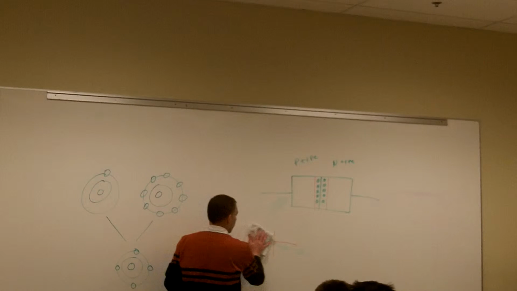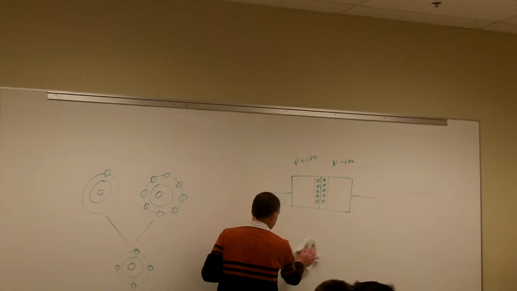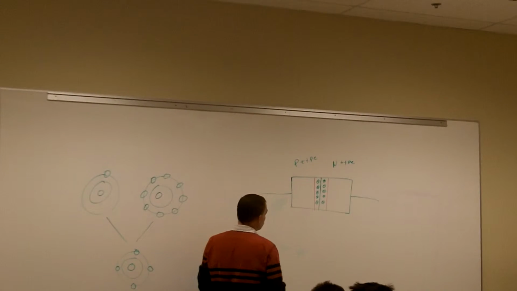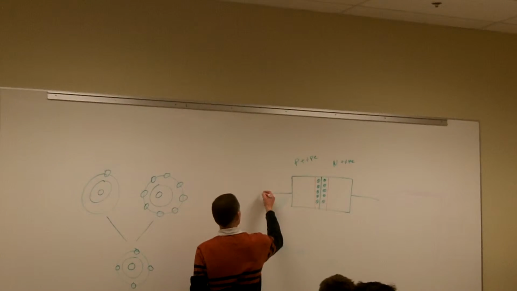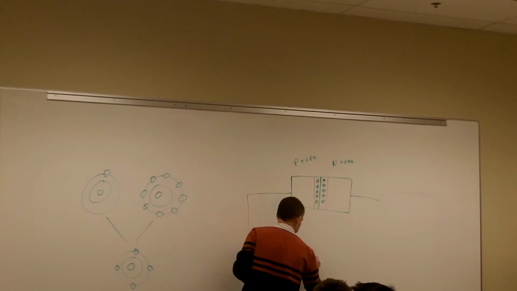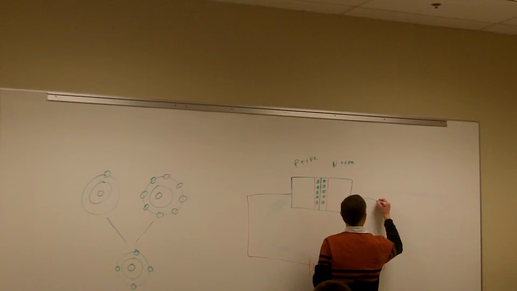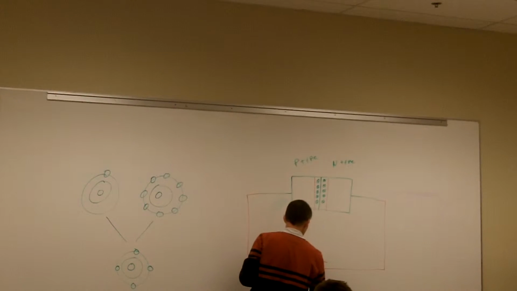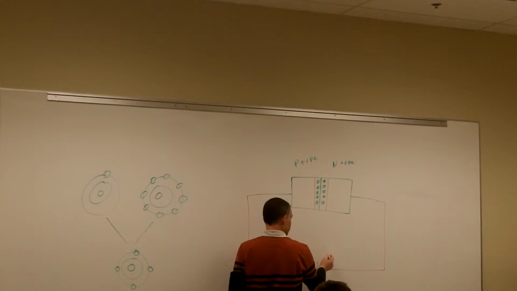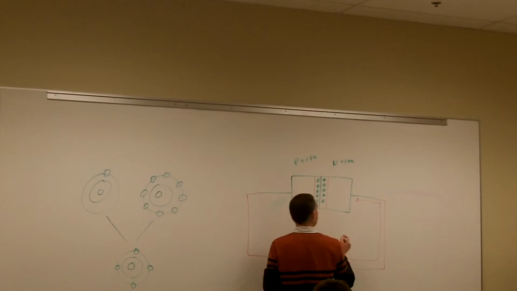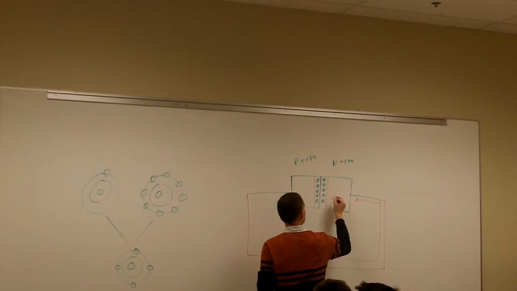But if we apply a little bit of energy to it, we can get that electron flow to go through. So hook up my source again. What happens is that we put a little pressure on there, and I'm going to start pushing all these electrons in there.